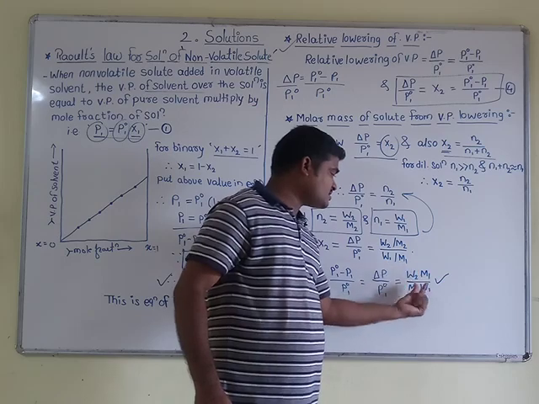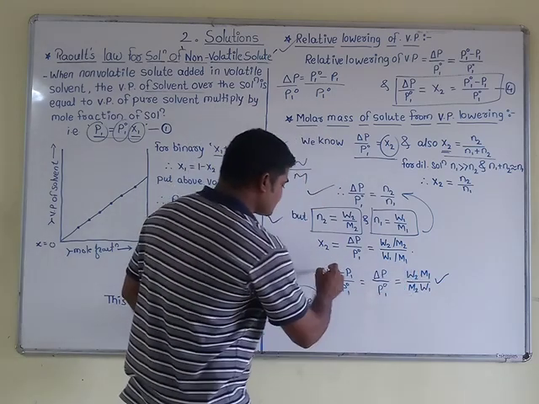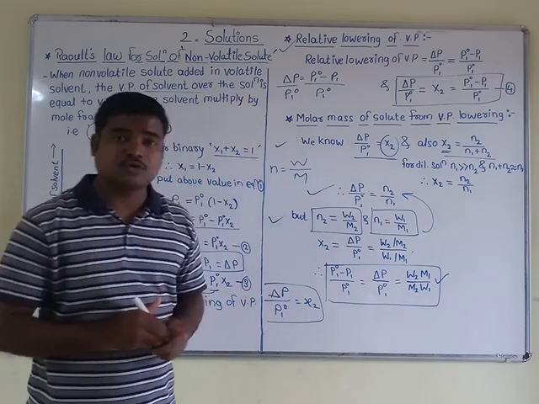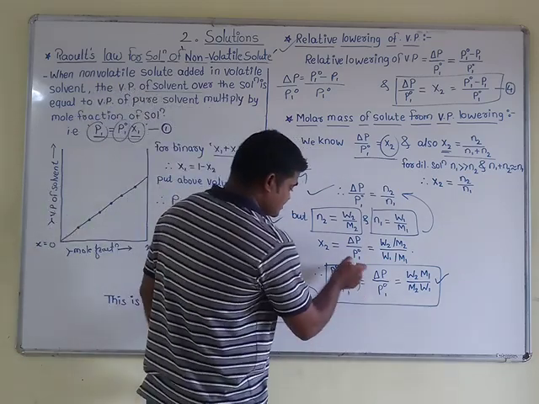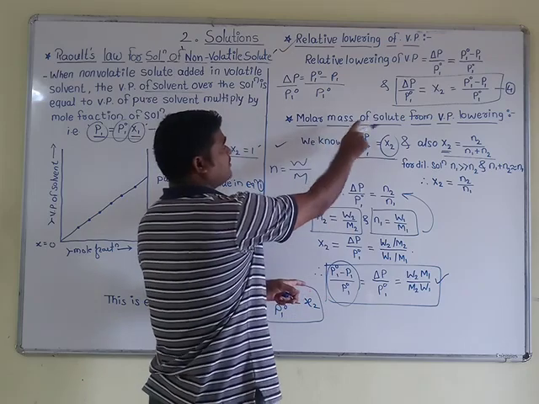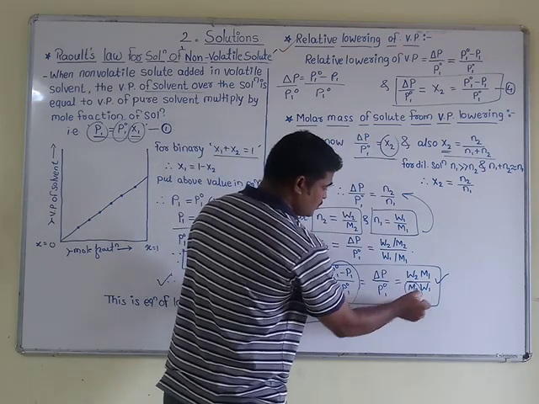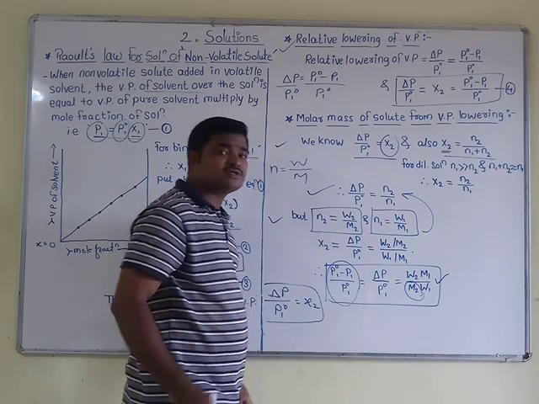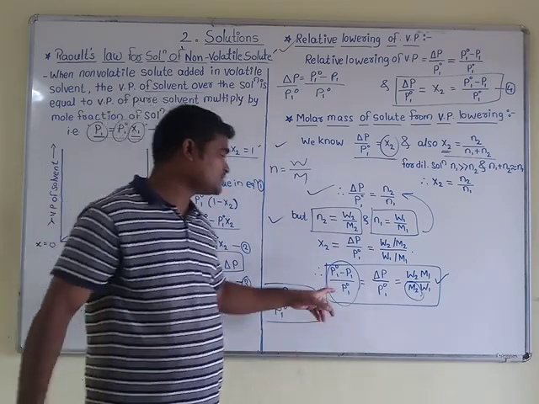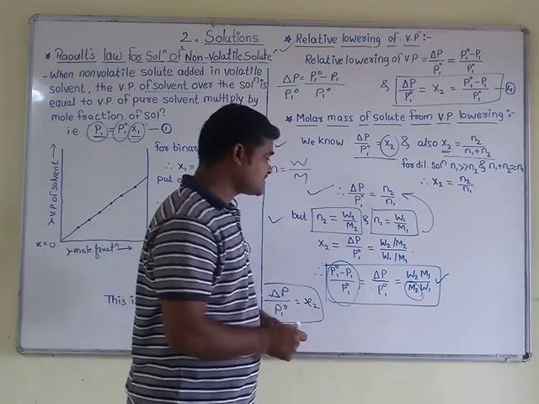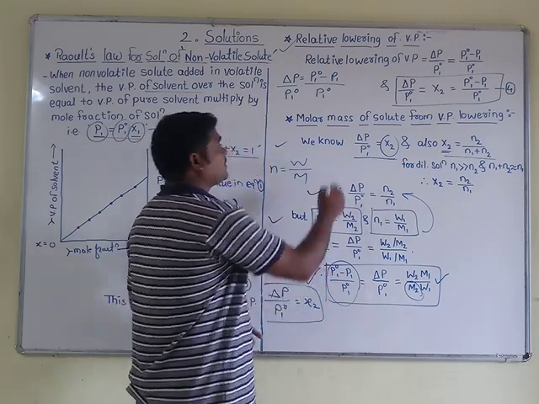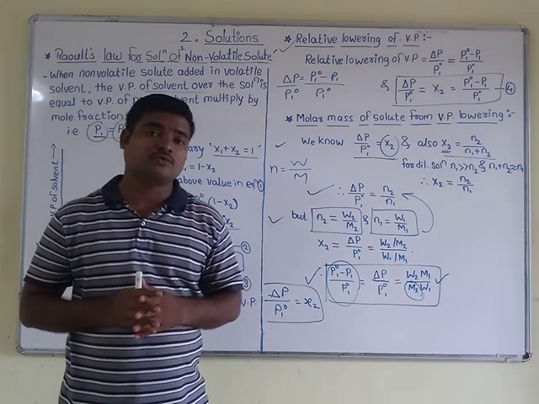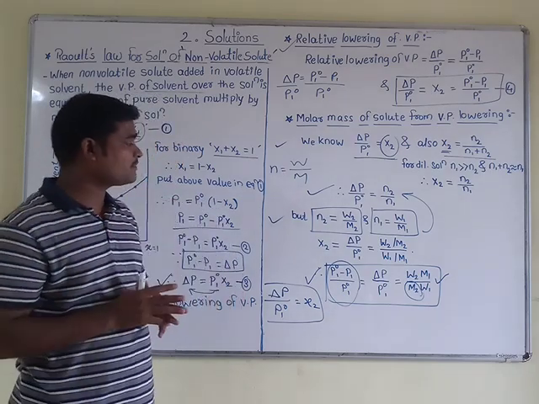After rearranging, we get this final equation, which shows the relationship between the molar mass of solute, M2, and the relative lowering of vapor pressure, delta P upon P1⁰. So this is the relationship between molar mass of solute and vapor pressure lowering, that is, relative lowering of vapor pressure.